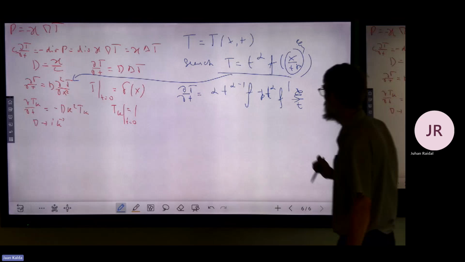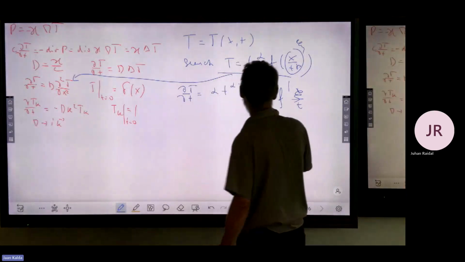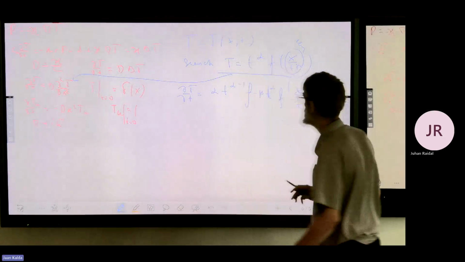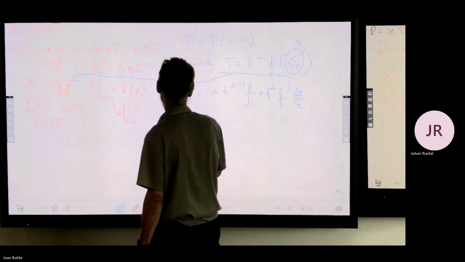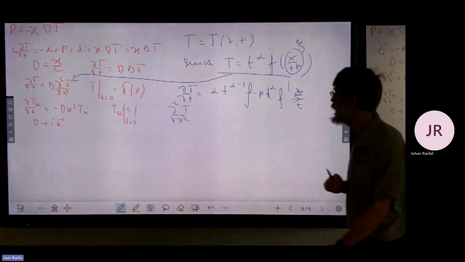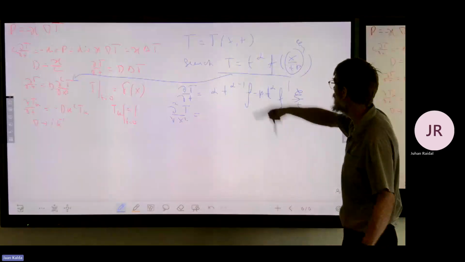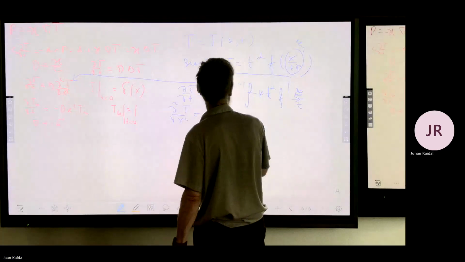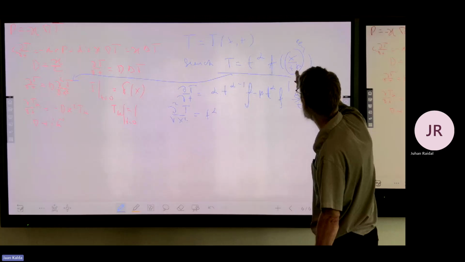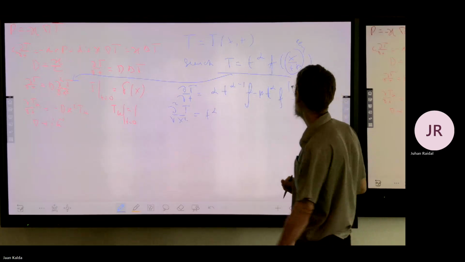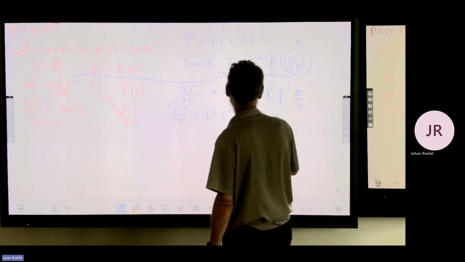So it's also t to the alpha minus 1 times minus beta psi f prime. Now for d squared T over dx squared: there's no dependence on x in t to the alpha, and each time we take a derivative over x, we have a t to the minus beta coming out. So we have t to the alpha minus 2 beta times the second derivative of f. Am I right?